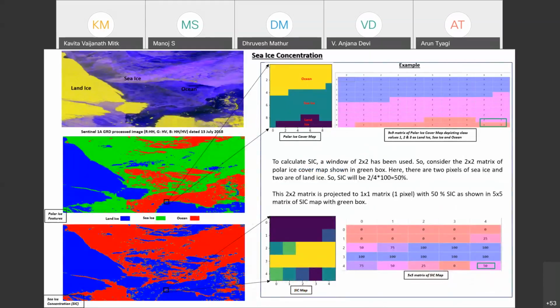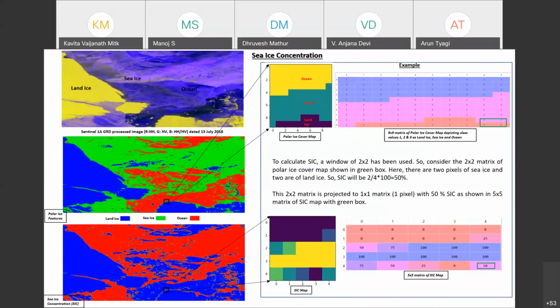So this is how we derive the sea ice concentration, and what it defines is basically that with an increase in the sea ice concentration, it becomes really difficult to break the ice using ships.